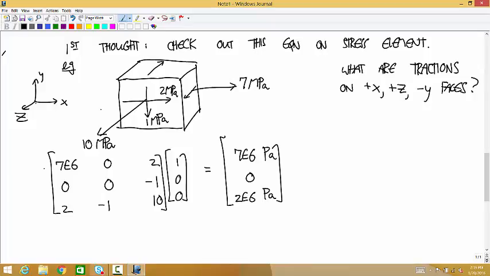Okay. They should all be times 10 to the 6. Okay, that's just for the positive x.